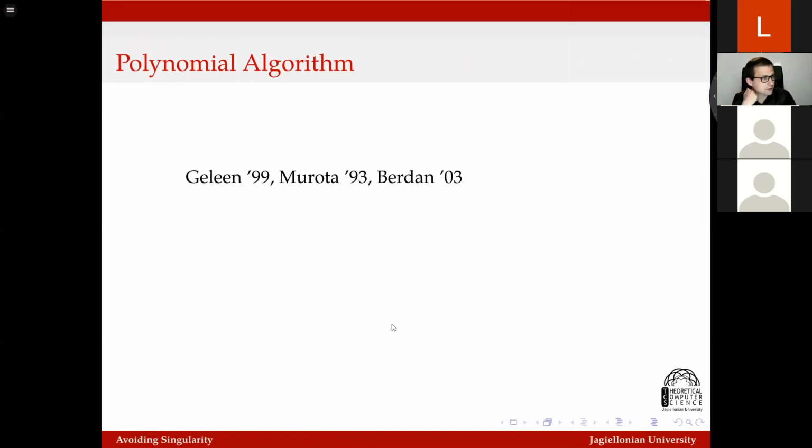And there have been some improvements. So basically, Harvey took Geelen's algorithm and tried to speed it up, but basically working with the same ideas. So in the original paper, this polynomial algorithm by Geelen runs in n to the power 9, and this, I believe, is n to the 4th.